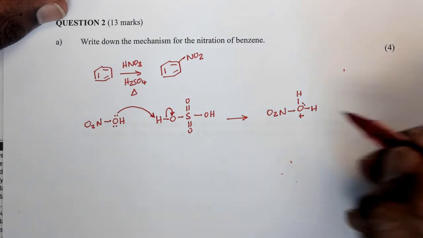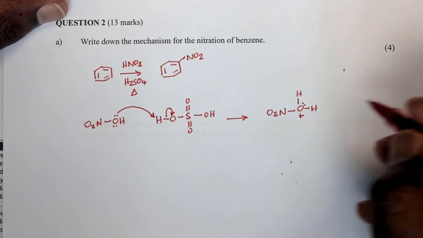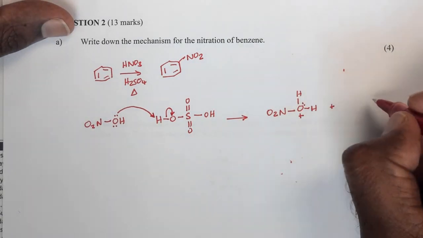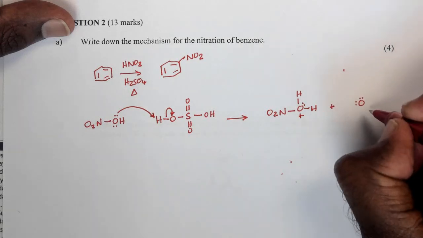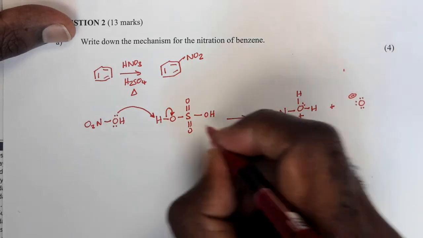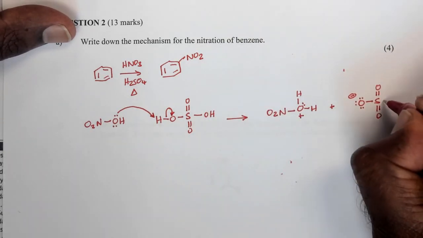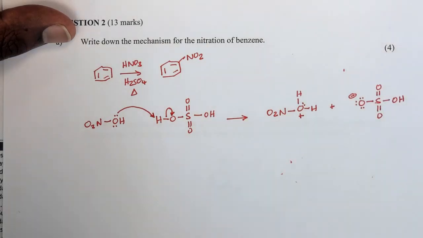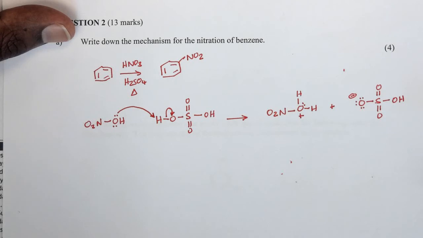So it's 1 electron short, so oxygen is a cation. And in the process, I put an extra lone pair on oxygen here in sulfuric acid, and I have a cation and an anion.